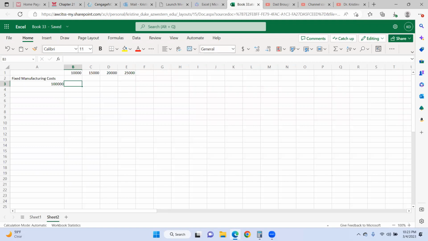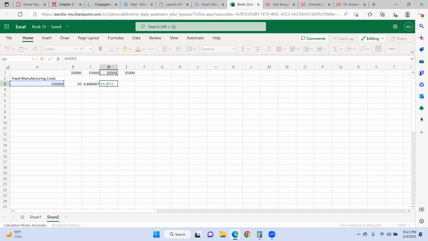So how much does it cost per unit? Okay. Now, if I was only producing 10,000 units, that means that fixed cost is going to be $10. And same thing here, 100,000 divided by 15,000. So you can see, the devil's number. Hate that number.